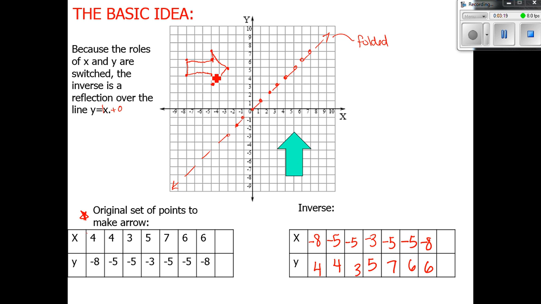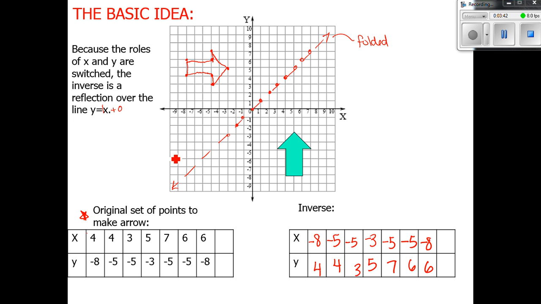Well, they would if my arrow was drawn a little bit better, but it for sure would. Okay, and so that's the basic idea, that for an inverse, if you fold over y equals x, they will line up. And you learned that in geometry. So we did talk about that reflection over y equals x in geometry.